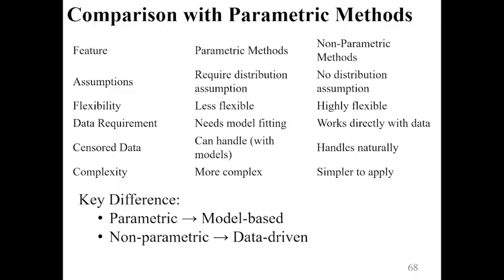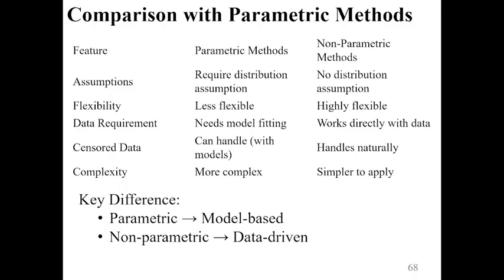This makes non-parametric approaches more flexible and particularly useful when the true distribution is unknown or difficult to identify. While parametric methods can provide more precise estimates when the model is correct, they can lead to inaccurate results if our initial assumptions are wrong.